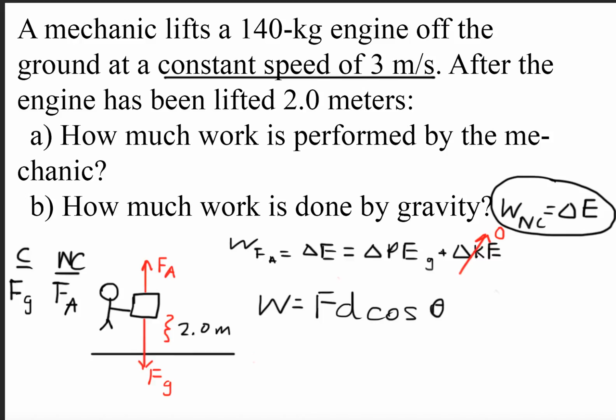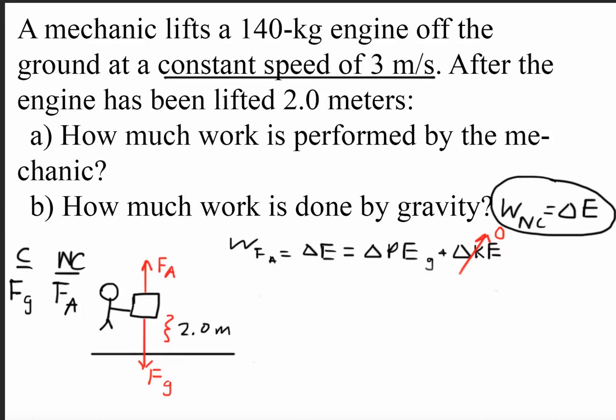Just the regular work equation. And if you get some value that is greater than 0, or it could be less than 0, you could have a negative work. It is possible. If you get some value that is not 0, that means work is being done on the system. After I identified that, I was able to utilize this work energy theorem equation right here.